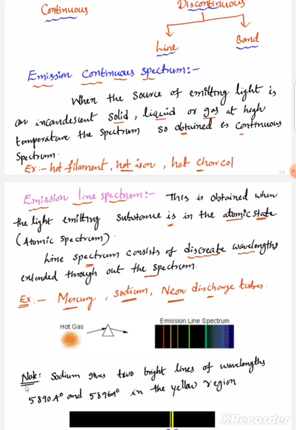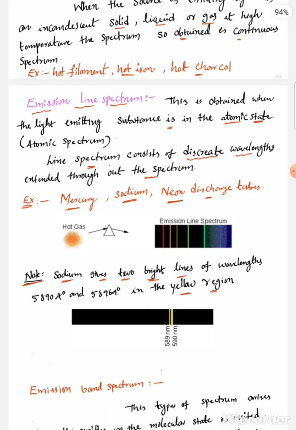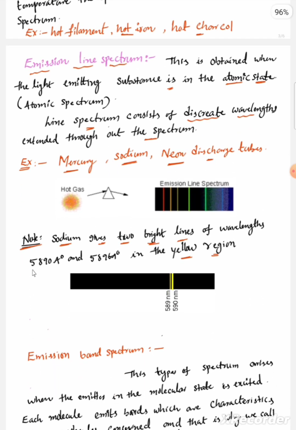For example, when we take sodium, it gives two bright lines of wavelengths in the yellow region of visible light. In the yellow region we get two wavelengths: 5890 angstroms and 5896 angstroms.